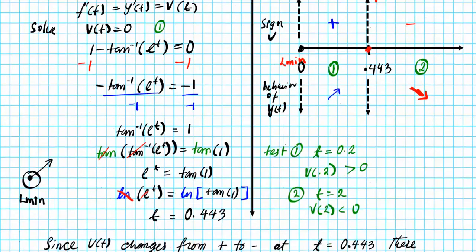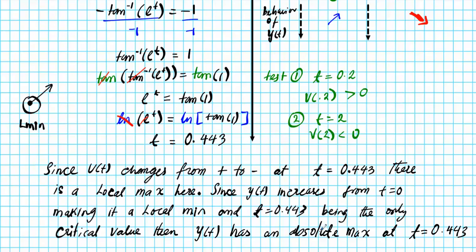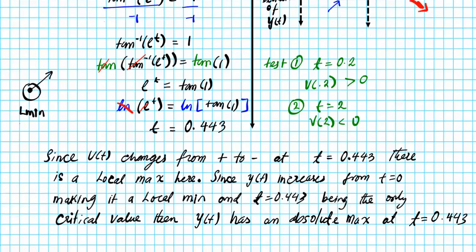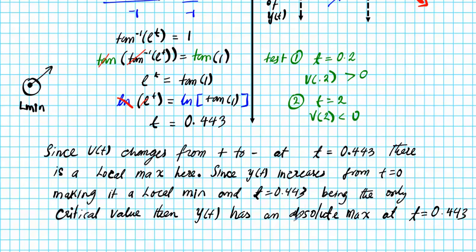And then lastly, stating that it's an absolute maximum, and with your justification basically indicating that it changes from increasing to decreasing, and that's the only local maximum since the endpoint is a local min, then we have an absolute maximum. All this justification here will earn you another point, total of 3 points for this problem.